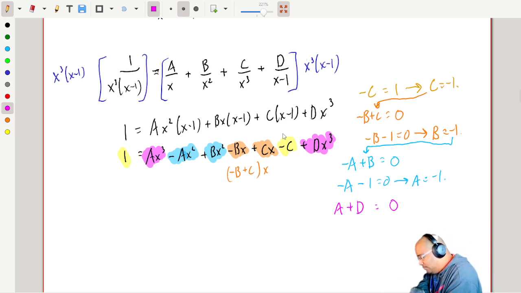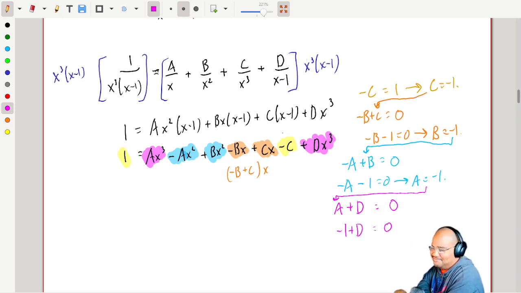Okay, well, do what we did before. Take our value of a, plug it into this one. We substitute what we know. Negative 1 plus d equals 0, and that tells us that d equals 1. Okay, so d equals 1.